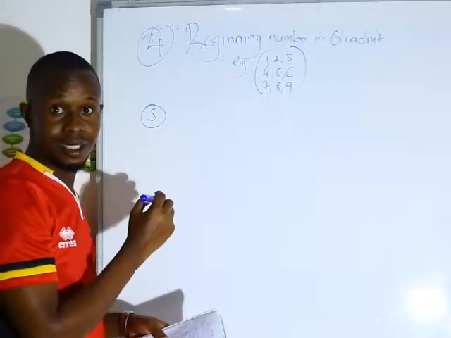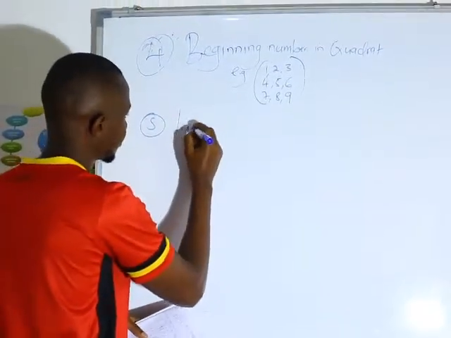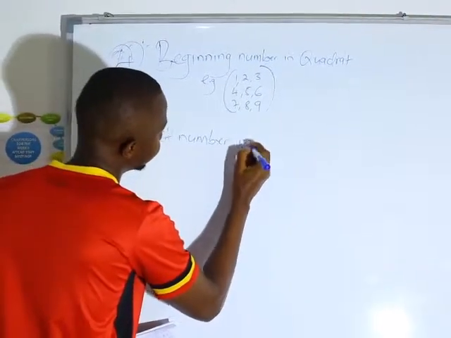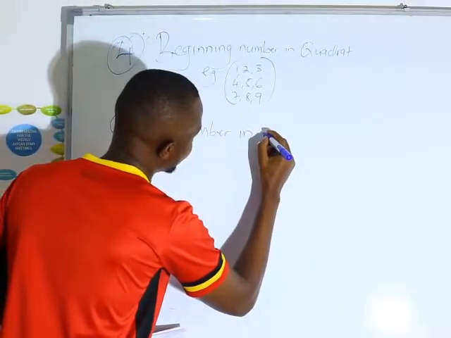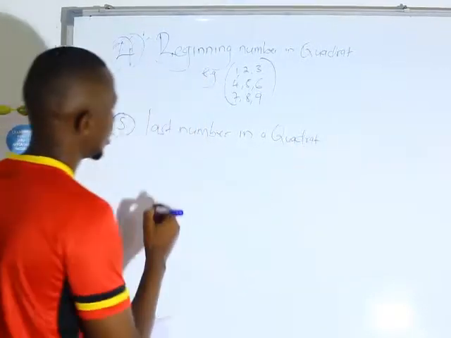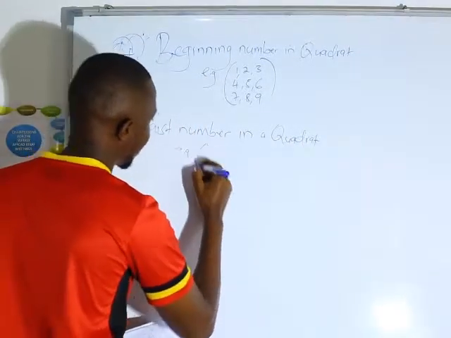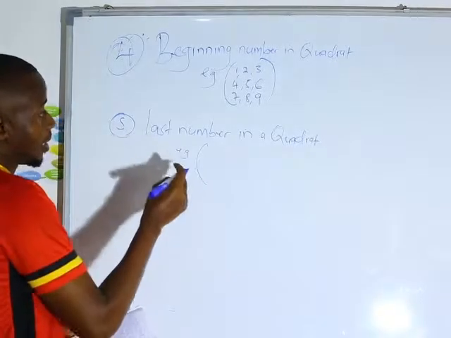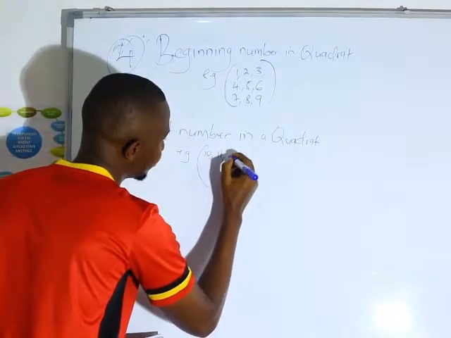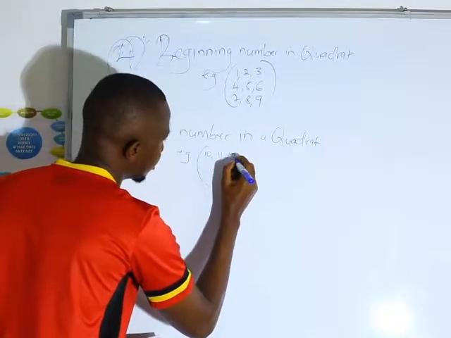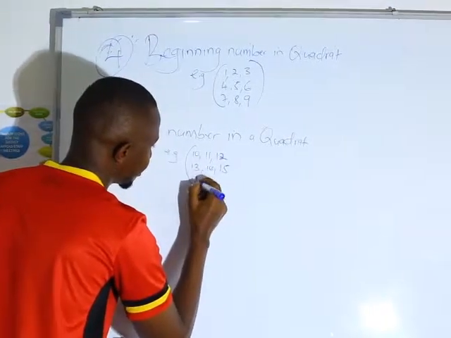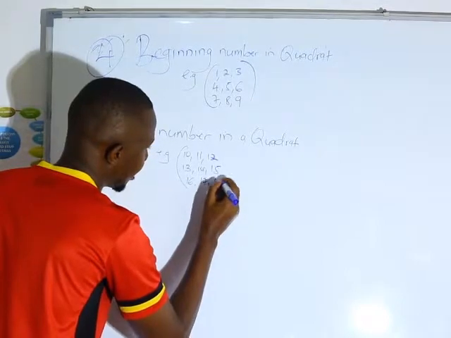Let us look at our fifth term, which is called last number. In a quadrant, Iggy, I'm using the second quadrant, which begins from 10, 11, 12, 13, 14, 15, 16, 17, 18.